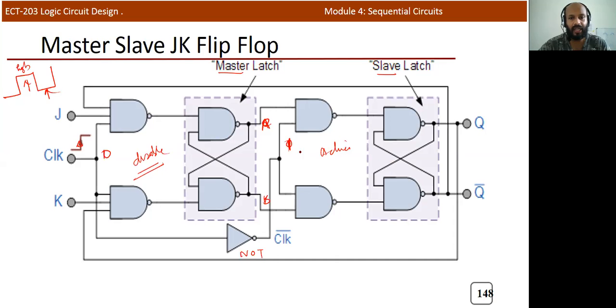At a time, any one of the circuits will be active, either master or slave. The master normally operates in the positive level, and the slave normally operates in the negative or low level. By using this configuration, we can avoid this race around condition.